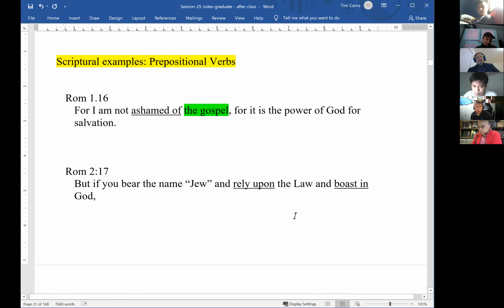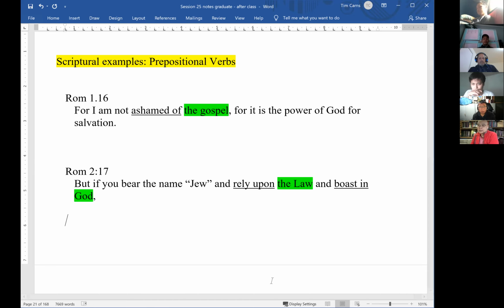So if it's rely upon, then the subject would be the law, and if it's boast in, then God would be the object. So, the question is, how do we determine: is this just an English idiom, or is there actually a preposition in the original Greek? All right, which are we dealing with here?